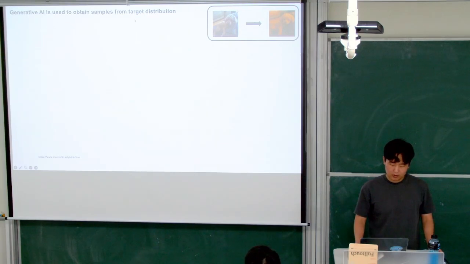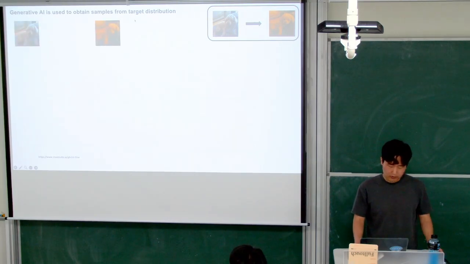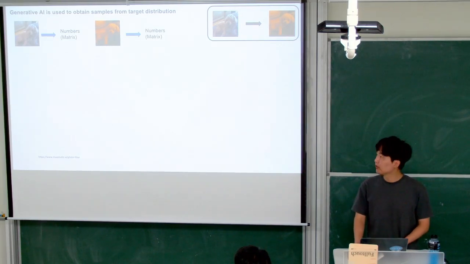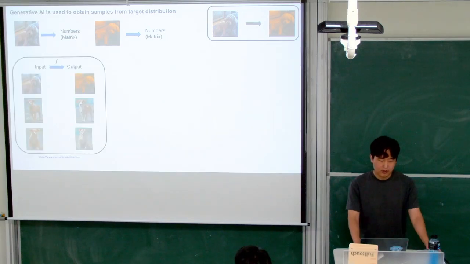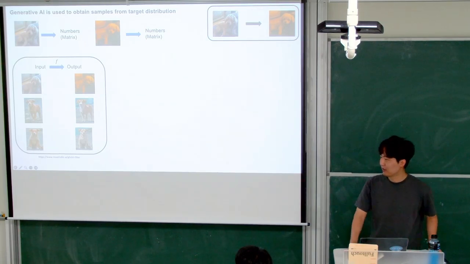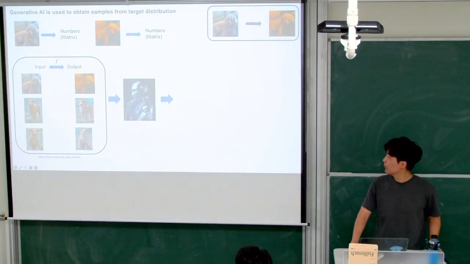So we have 2 pictures. We first transform the pictures to some mathematical objects, namely numbers or matrices or vectors. Then we put many real photos of dogs as an input to the neural network. And as an output, we have many photos of each corresponding Ghibli style. Then we again put it in the machine.